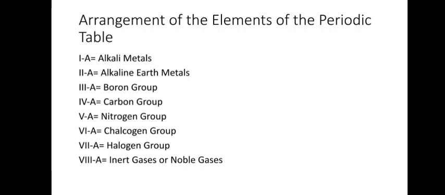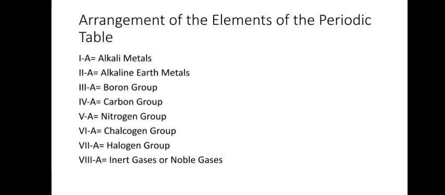Now we have 4A, which is the carbon group. So let's see the periodic table. We have the carbon group, which is at 4A, 5th from the right. It starts from C to silicon, germanium, tin, lead, and so on.